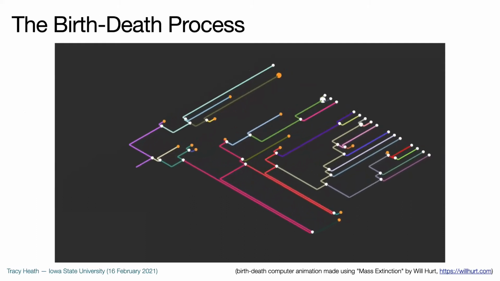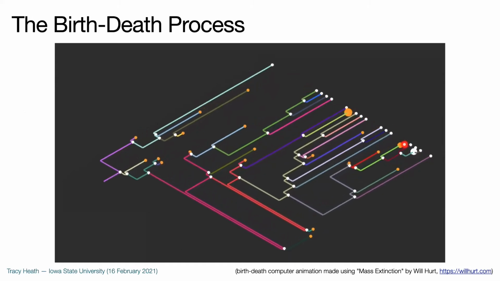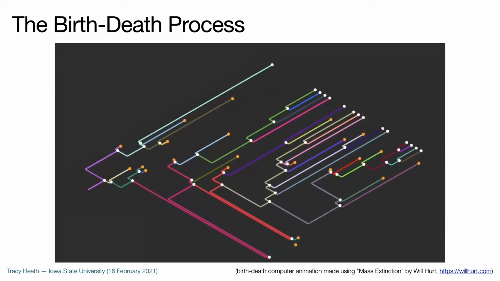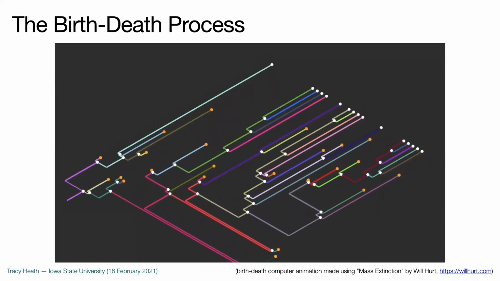So here we have this tree where all of the living taxa at any given point in time remain stationary, and then all of the ancestral lineages sort of march away into the past. So here we see the lineages terminated as extinction events happen, and divergences as speciation events happen.